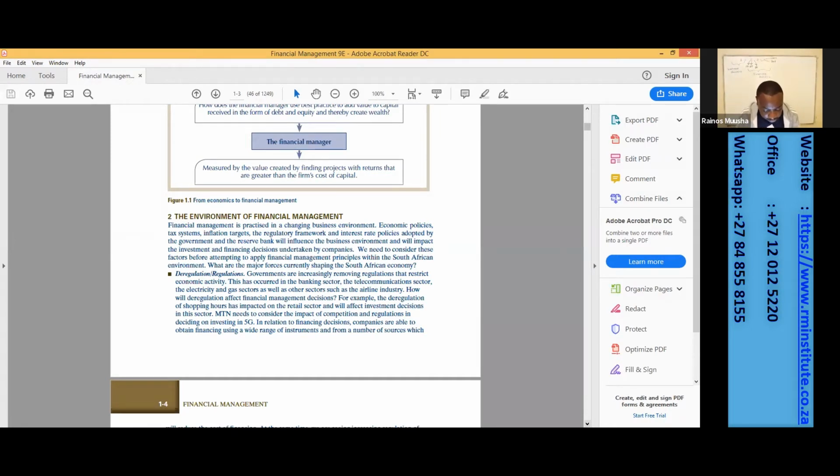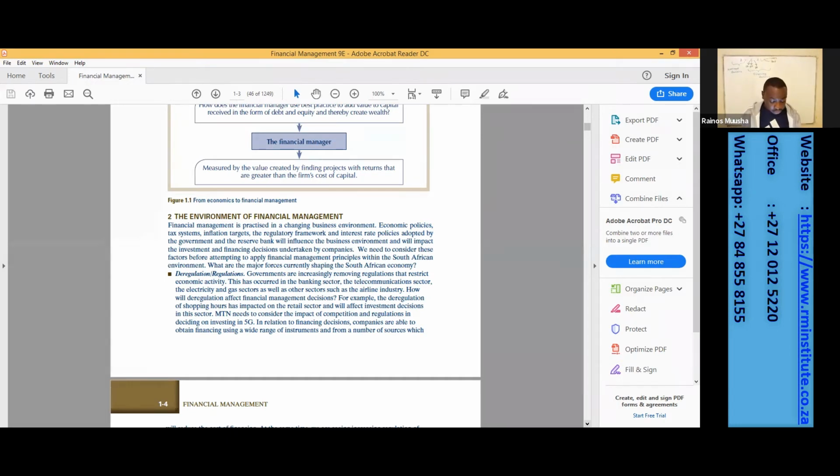When it comes to the environment of financial management, they talk about regulation and deregulation, and they're basically saying that governments are increasingly removing regulations that restrict economic activities. That's why, as we are becoming more of a global economy and global community, many economies are opening up their markets to other people, and they're also expecting the same from other economies.